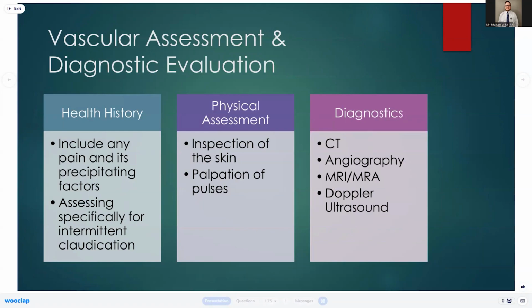So with vascular stuff, usually their health history is going to include some kind of pain of their extremities and other precipitating factors like exercise, temperature changes, that sort of stuff. We're looking for what's called intermittent claudication. That's a word you want to know.